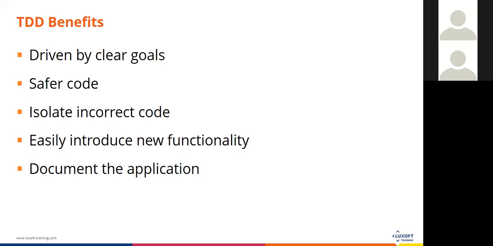The code is safer. Why? Because we have these automatic tests. And when we write our new code, we will make sure that we are addressing the test and the test will pass. The code is also safely developed because if you introduce some new functionality, you would like, of course, not to affect in any way the already existing code that you know is working well.